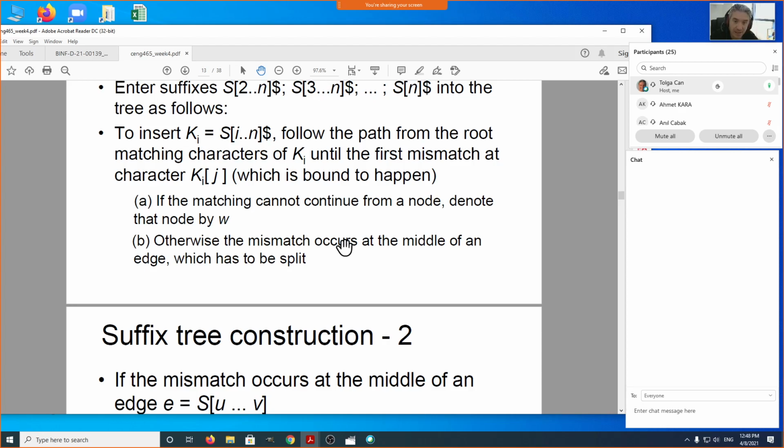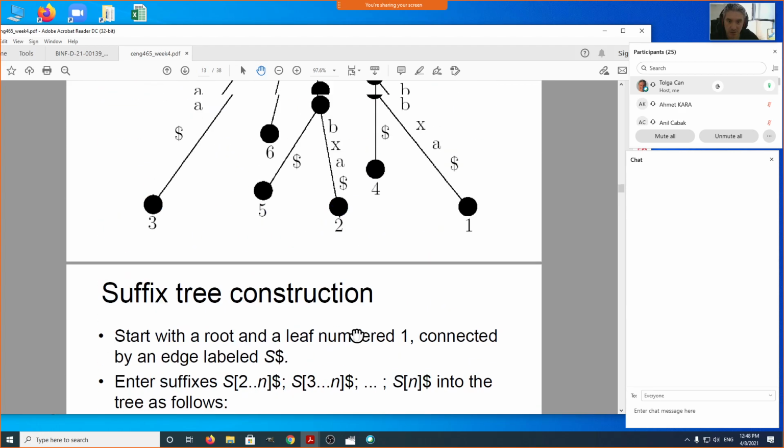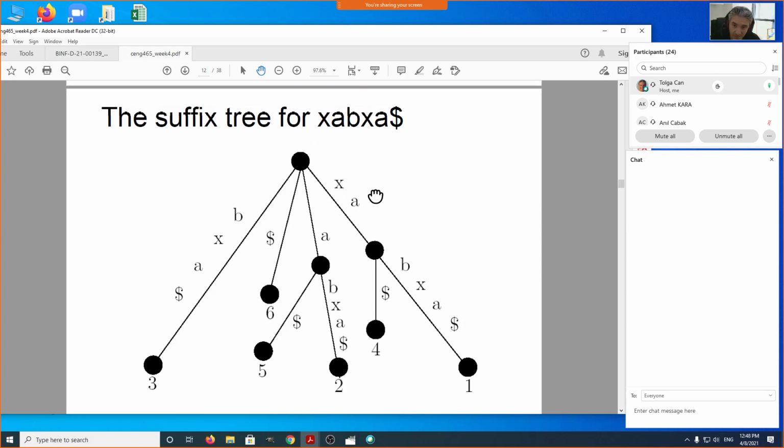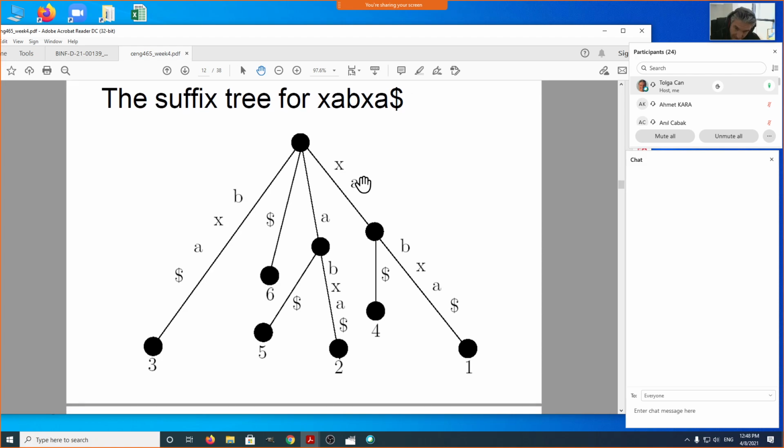If the mismatch occurs at an intermediate node itself, for example, imagine you want to insert XAC dollar into this tree. This is not part of the suffixes, but imagine we try.